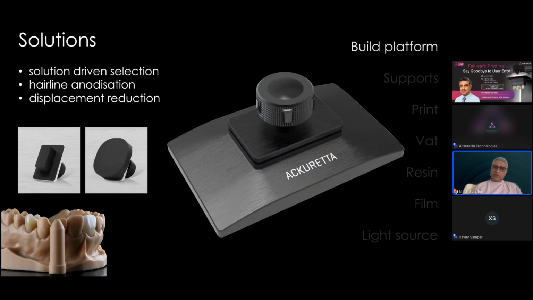What you will see today with Ackuretta is anodized platforms that are black in color, and all of these platforms will have what is called a hairline anodization, meaning that there is a micro rough surface on these platforms that encourages resin adherence. If you don't have one of these platforms, I highly recommend that you buy a new one. It's well worth getting these platforms.